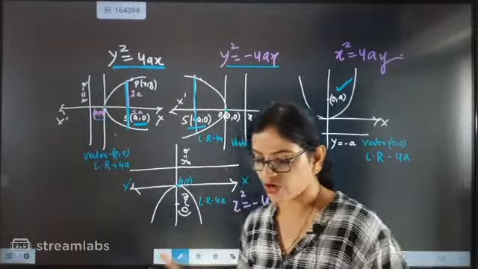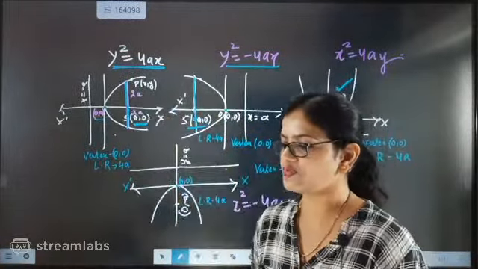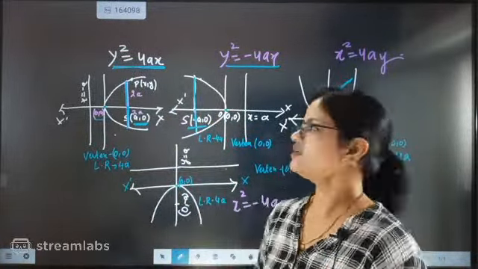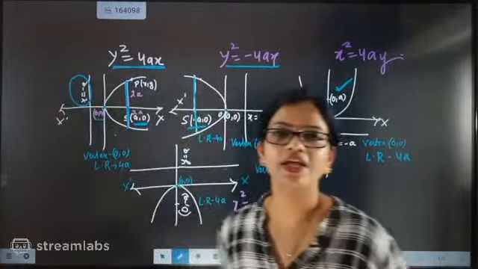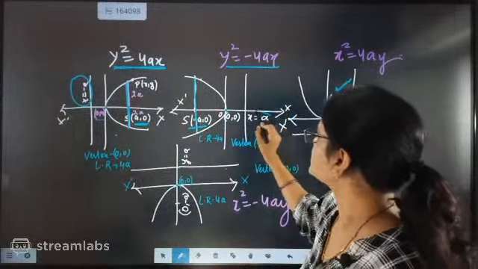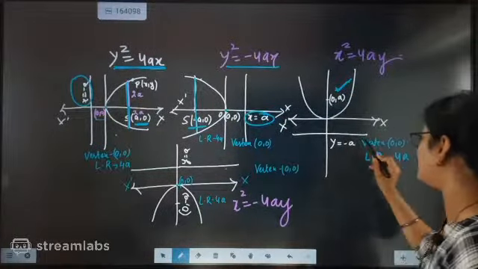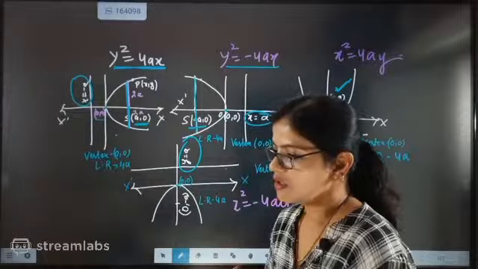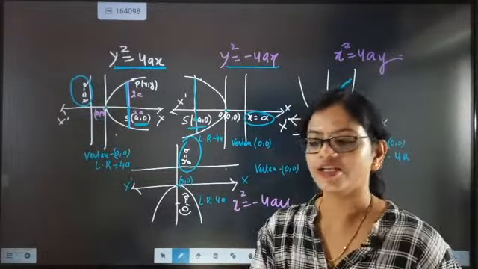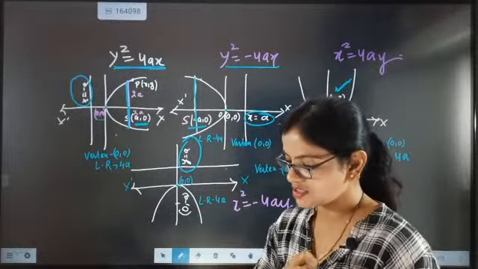I can draw extra and explain, but one by one. The directrix equation for this one will be x equal to minus a. For this x equal to a, y equal to minus a, and here y equal to a is coming. I think I should draw separately and explain.